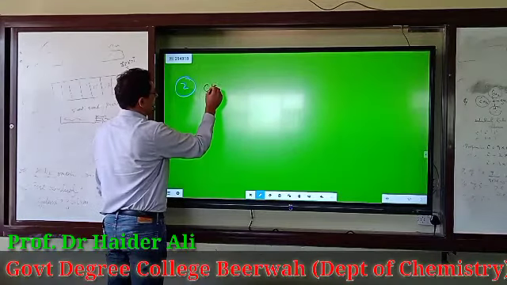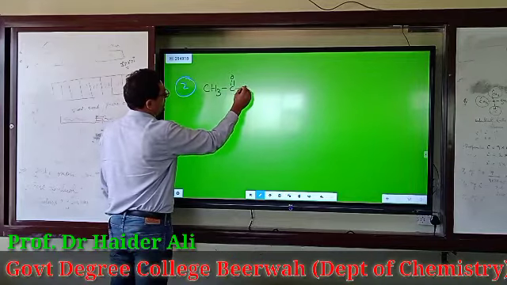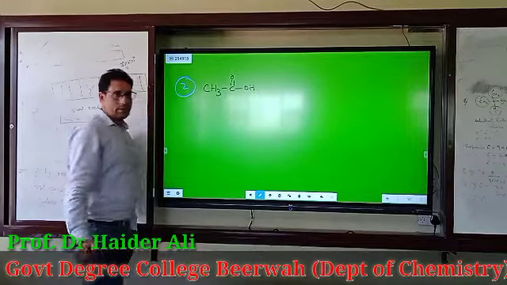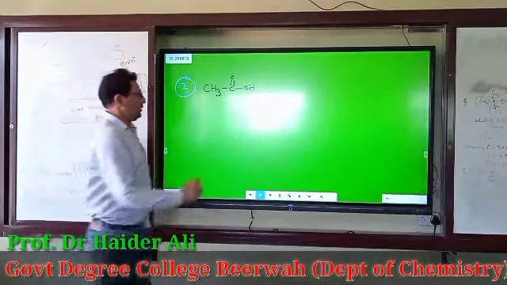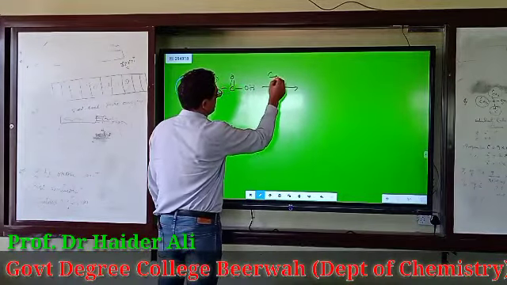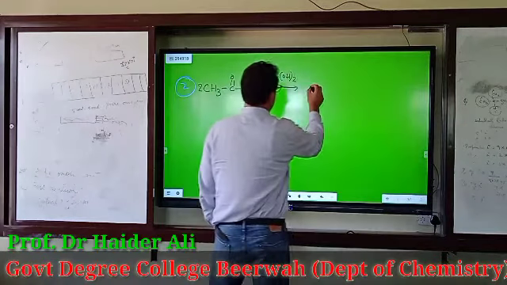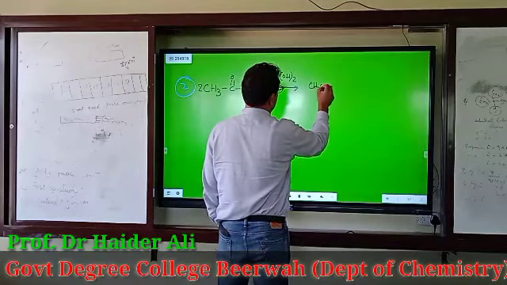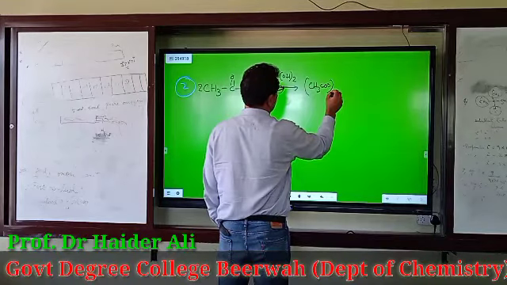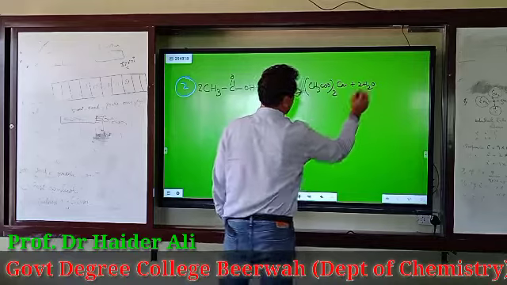If we take CH3 C double bond OH, acetic acid, ethanoic acid. We'll take 2 molecules of it, again with calcium hydroxide. What you will get? (CH3COO)2Ca plus 2 molecules of water.